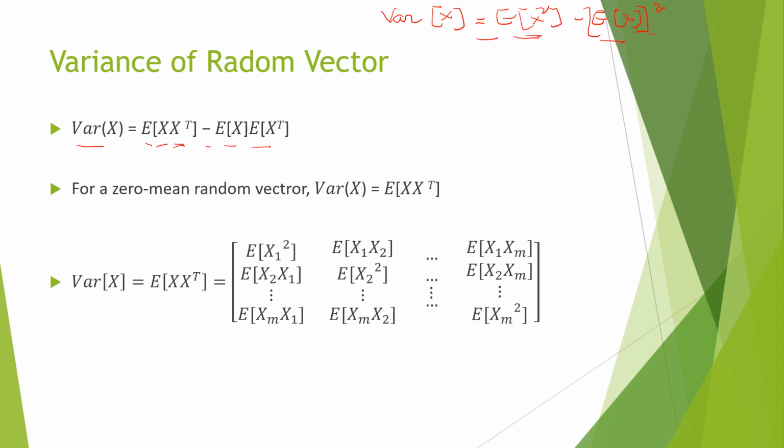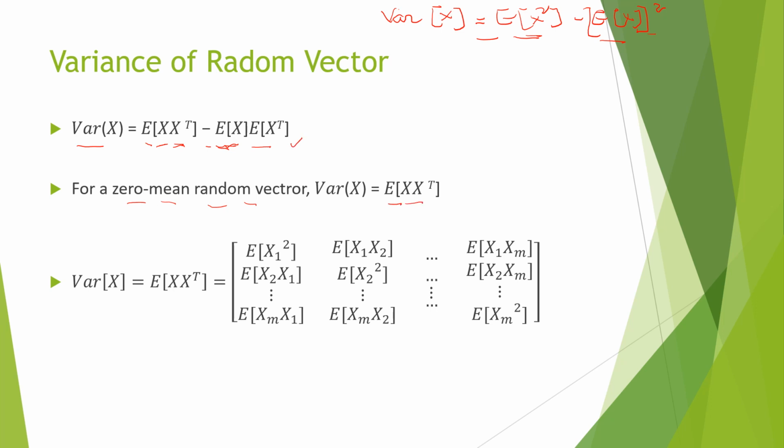Now, if you imagine that it is a zero mean random vector, then its expected value is 0. Like in a single random variable, if it is a zero mean random variable, then EX is equal to 0. Similarly here, for a zero mean random vector, expectation of X is equal to 0. Therefore, this equation reduces to expectation of X X transpose.